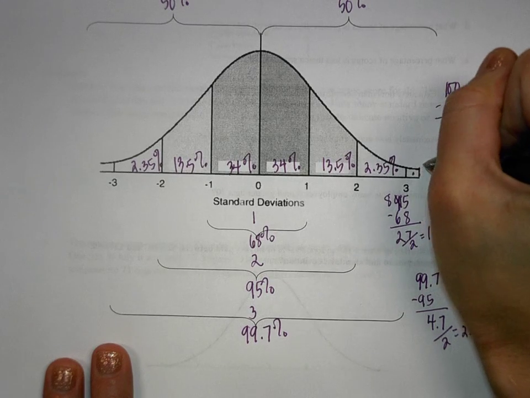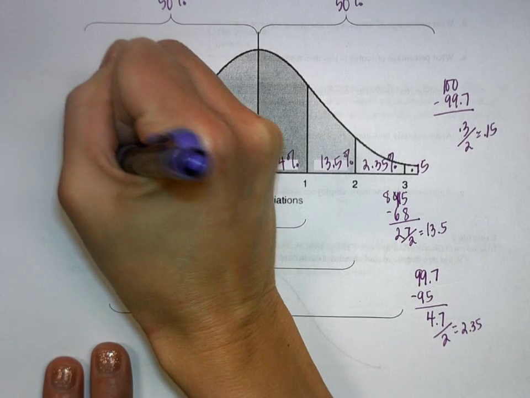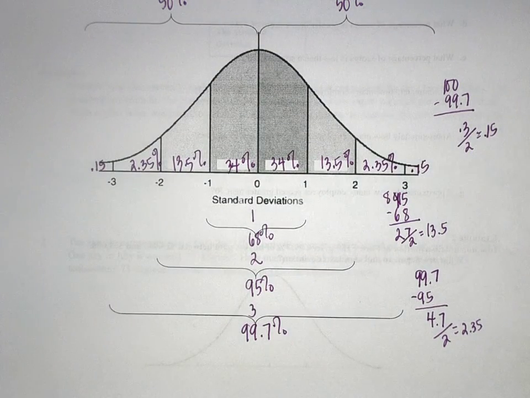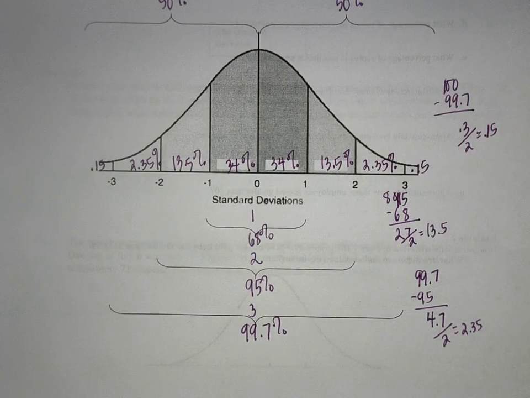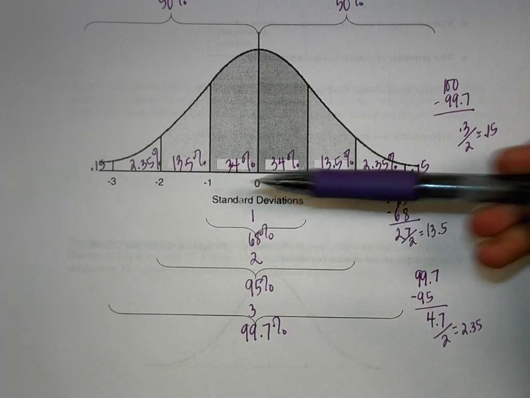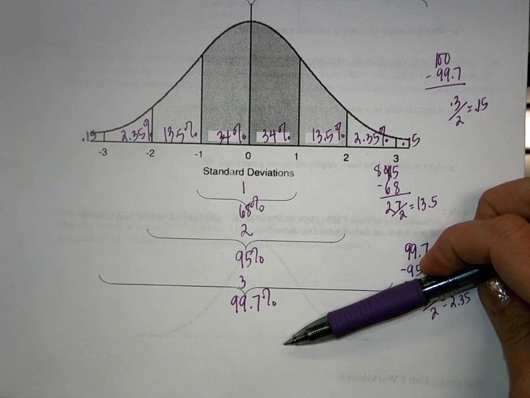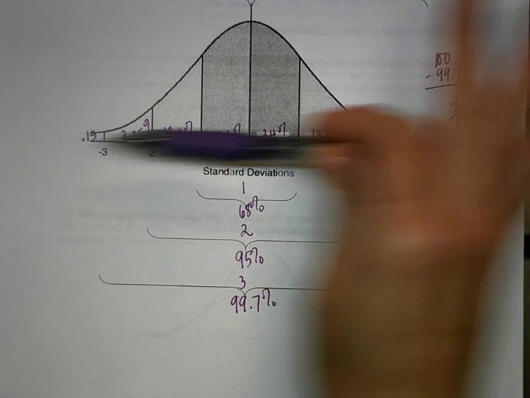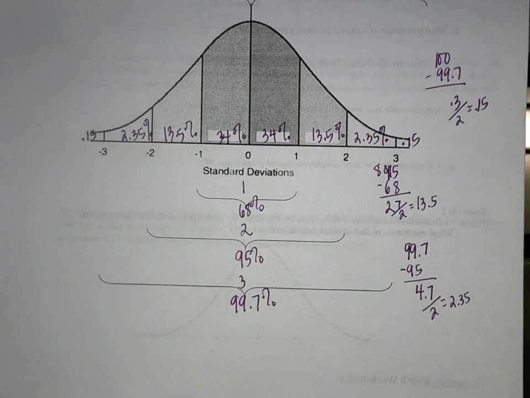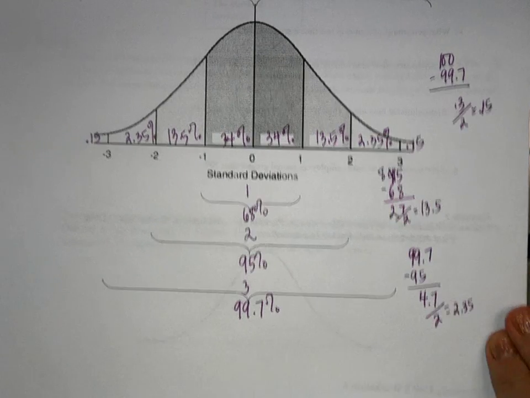So these last parts, the leftover pieces, are 0.15. Okay, any questions? So if you remember the 68, 95, and 99.7, you should be able to fill in this whole normal distribution, and it will help finding information much easier. Okay, we're going to move on to some examples.